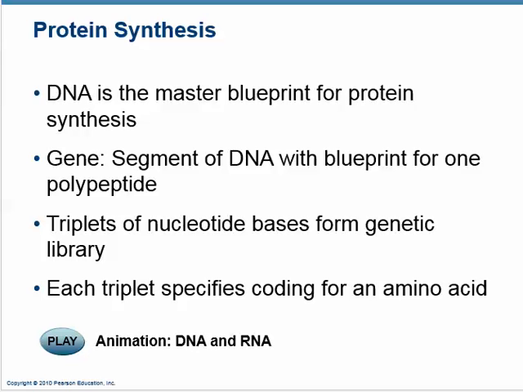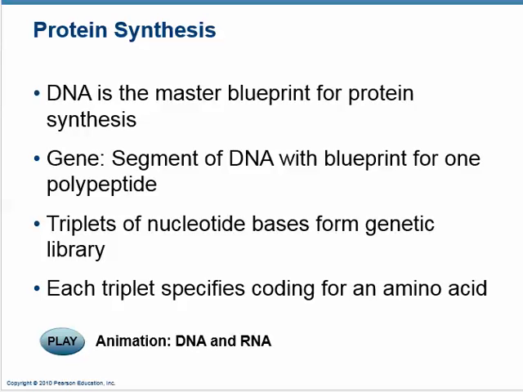Now, there are 4 nucleotide bases on DNA. There is A and T and C and G, adenine, thymine, cytosine, and guanine. And that's not enough to code for all of the amino acids. So what we do is we group them in groups of 3 that we call triplets.